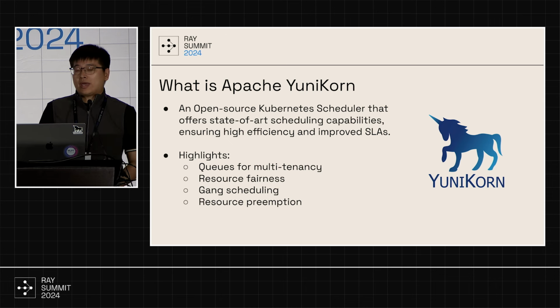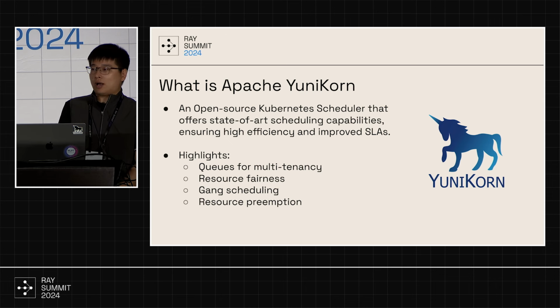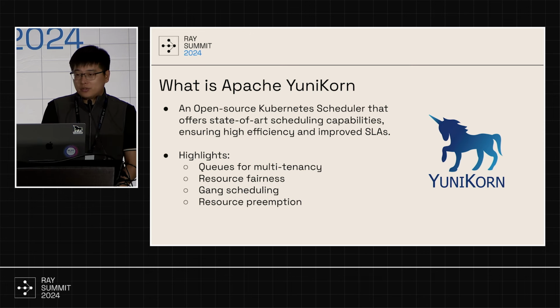And just a quick recap about YuniKorn. It's a resource scheduler on Kubernetes, and it offers a lot of scheduling capabilities, providing really high efficiency and improved SLAs.